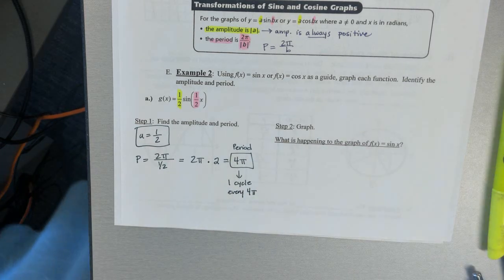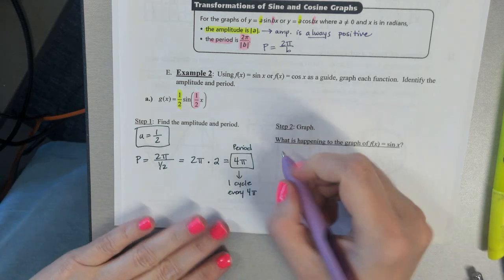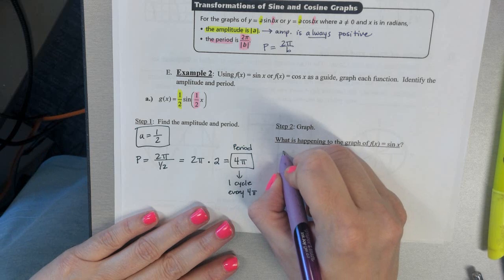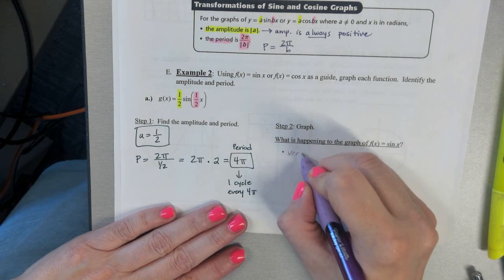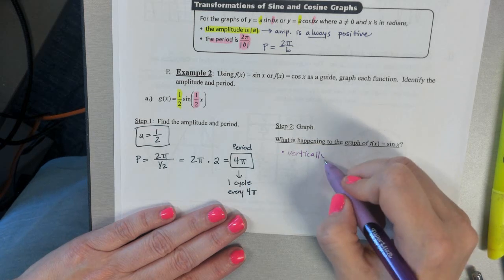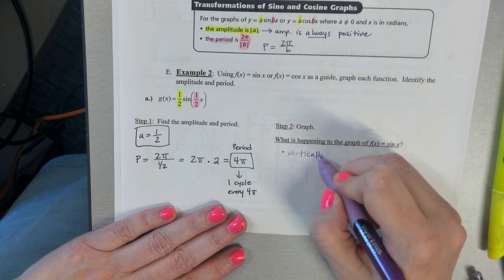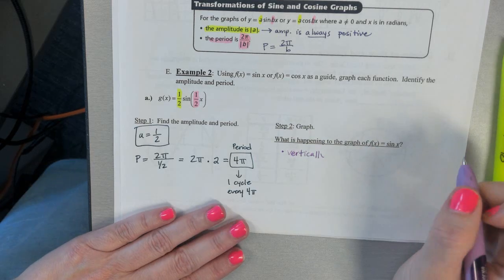Now, when it says what is happening to that graph of sine, we're thinking of the vertical and the horizontal transformations. So vertically, what is happening? Is it a stretch, compression? What's happening?